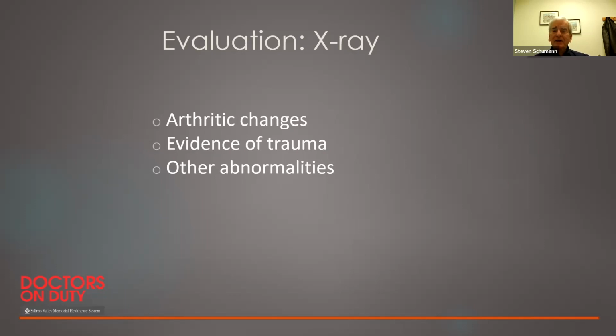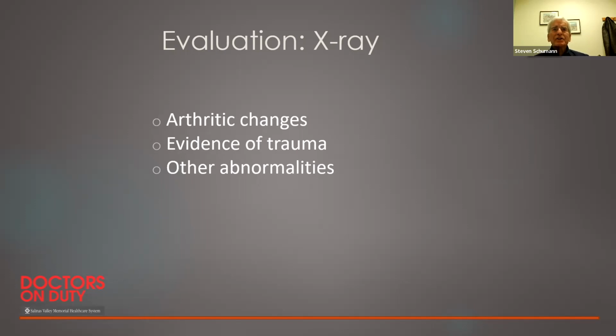Then, if x-ray is available on that day, most of the time, whether it's the elbow or the wrist or the hand, getting an x-ray is a good idea, partly because in some cases it'll give us information about what we think the condition is, but most of those I mentioned don't have X-ray changes, but we look also for other changes, pre-existing problems, arthritic changes, evidence of prior trauma, some other abnormality.